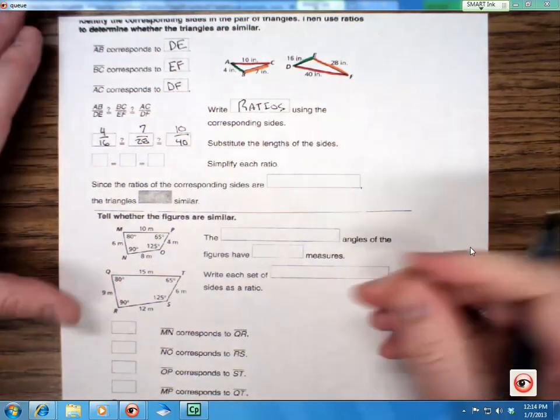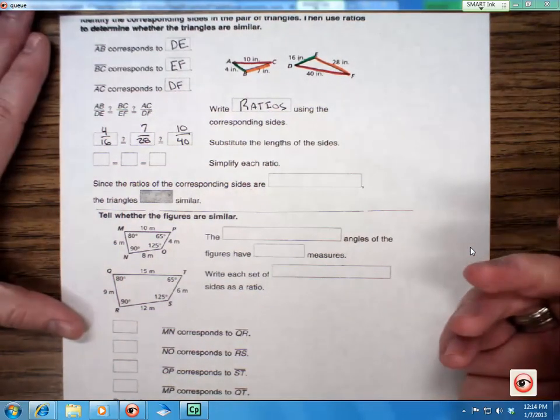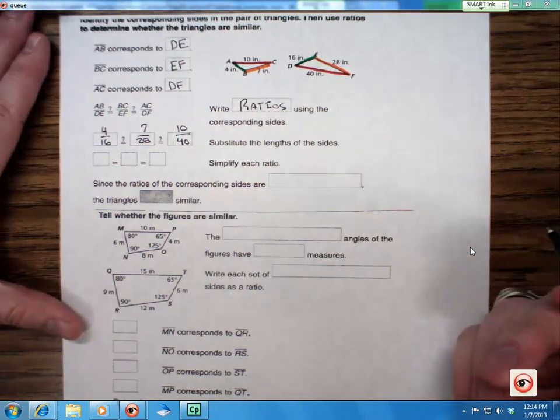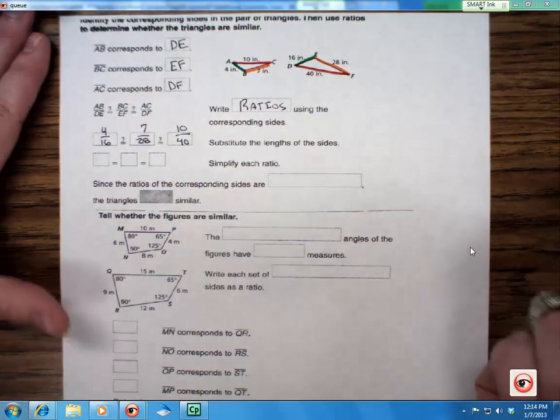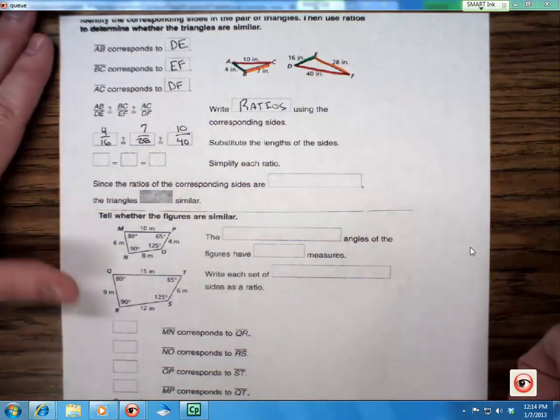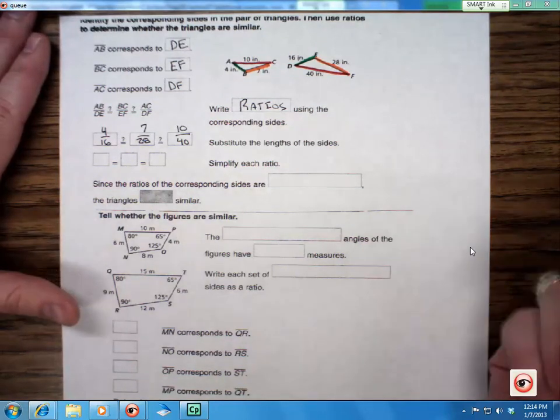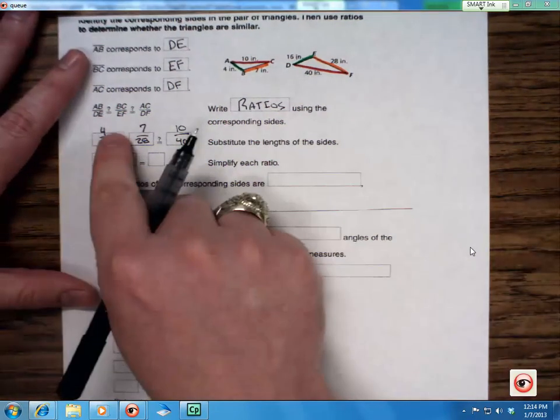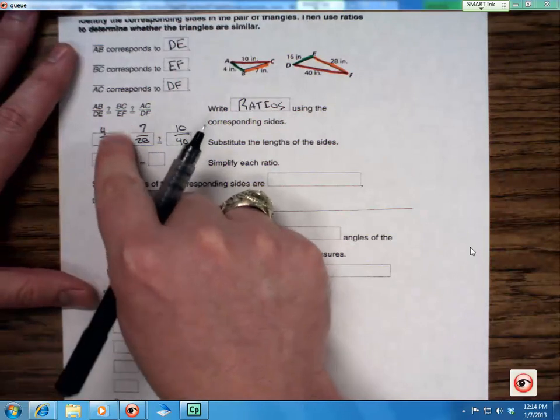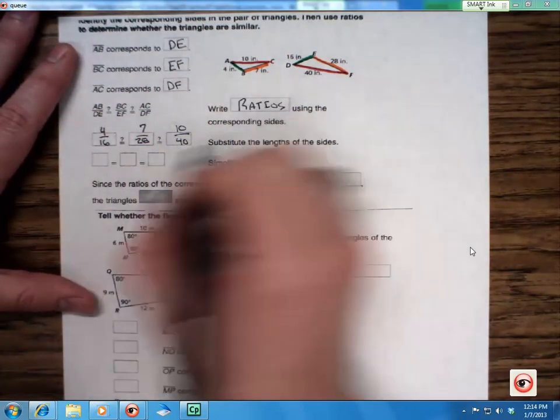Once I have those fractions, now I can simplify each one to determine if they equal each other. If they equal each other, then my two triangles are similar. If they don't, then they're not. So, 4 over 16, what does that simplify to? Yeah, 1/4.